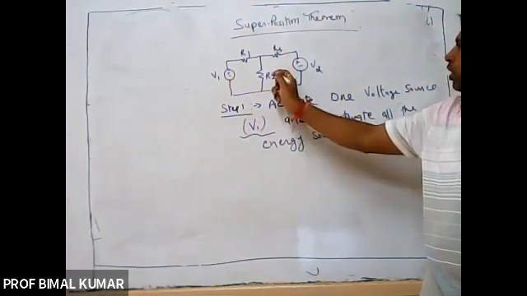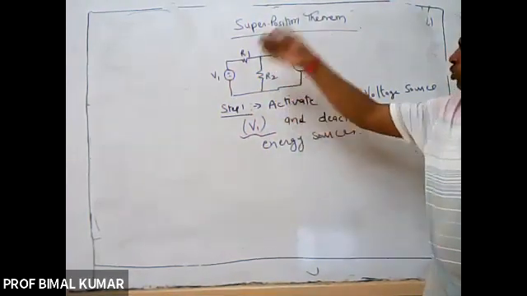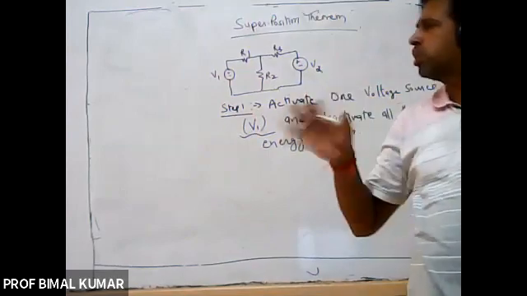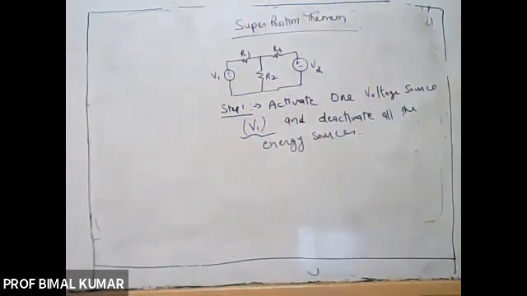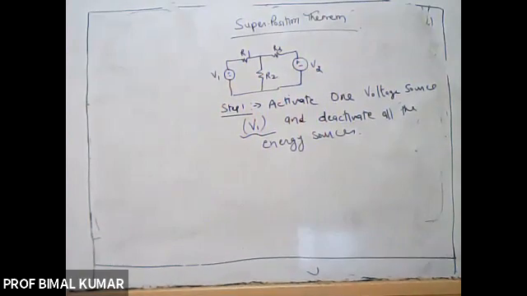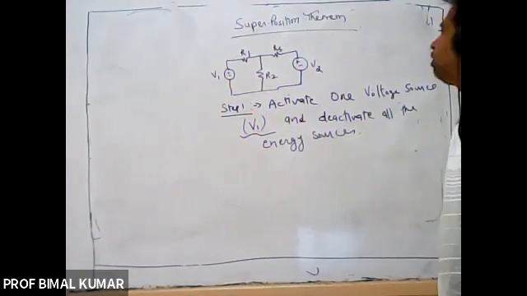I am activating one voltage source. I want to calculate the current in each resistance by the use of superposition theorem. Right?